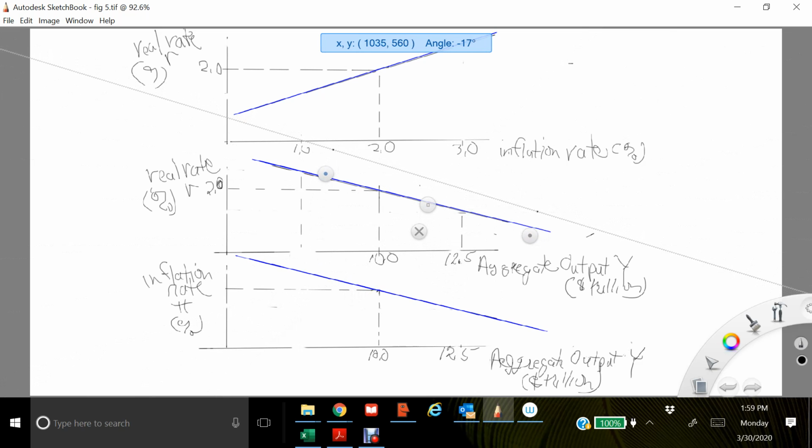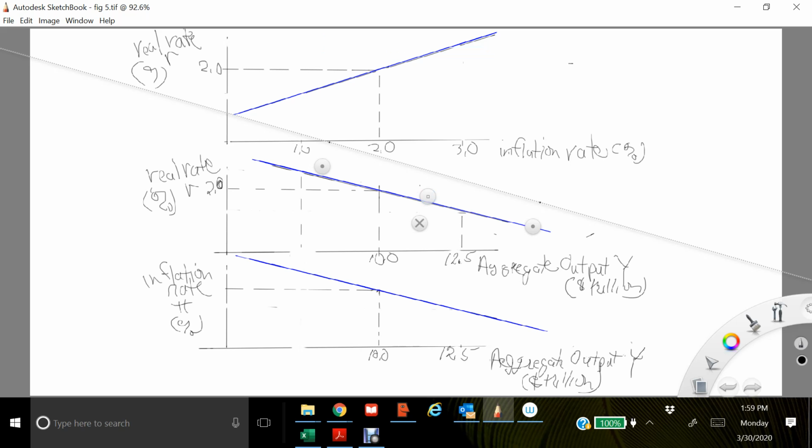When government spending increases, what happens? There's an autonomous shift. There's a shift in the IS curve to the right. To the right. Okay? So let's do that.